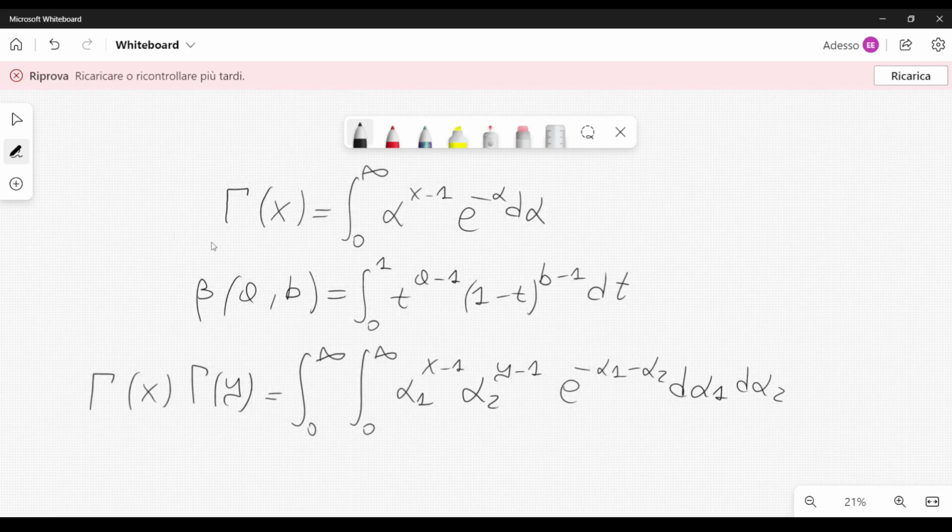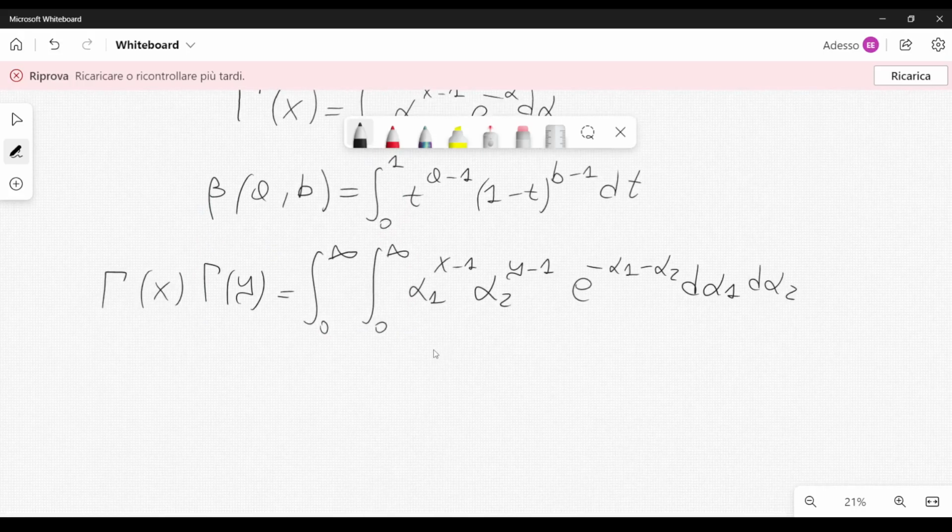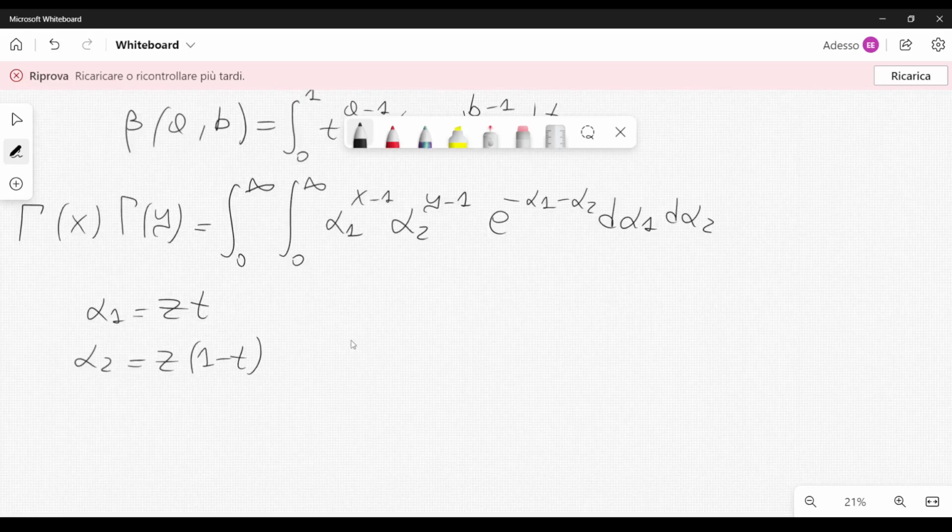And now let's change the variables in this double integral. We go from alpha 1 to z times t, and then we go from alpha 2 to z times 1 minus t.